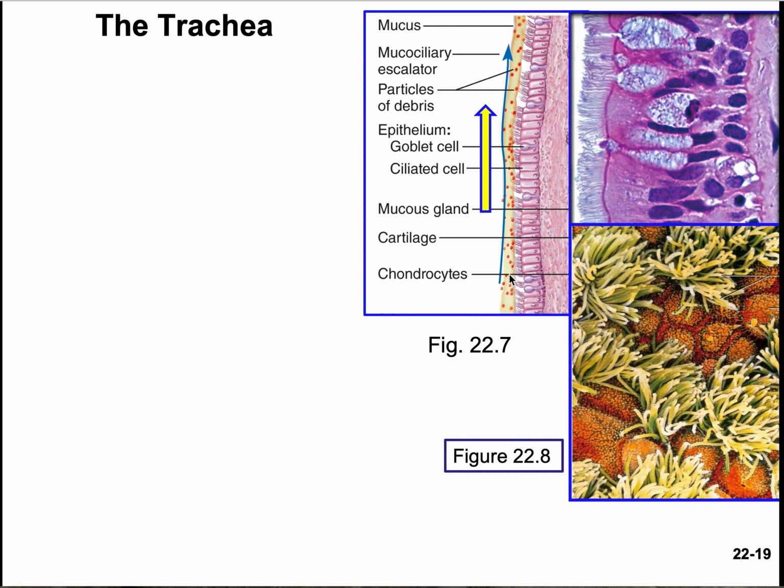Clear your throat. And what you're doing is helping to bring that mucus all the way up, and then you swallow it. So the cilia are regularly moving mucus upward. As you breathe in, there's turbulence in the air, and particles are spun around until they stick, hopefully, to the mucus. And in a healthy respiratory system, this is helping to remove particles that have been inhaled.